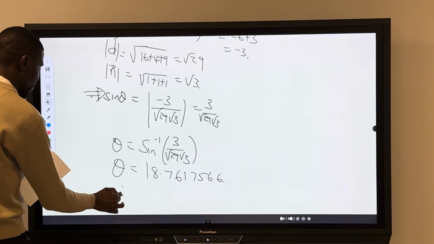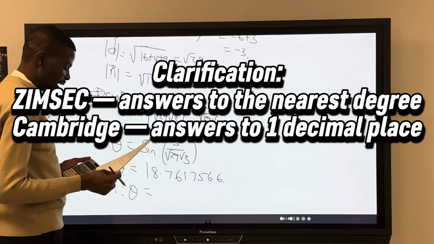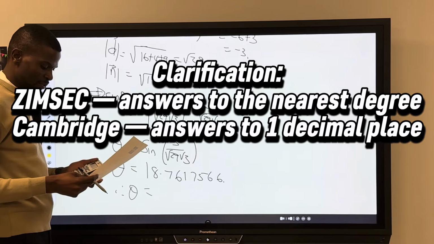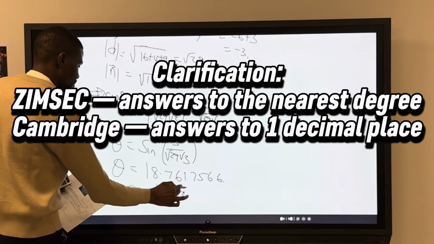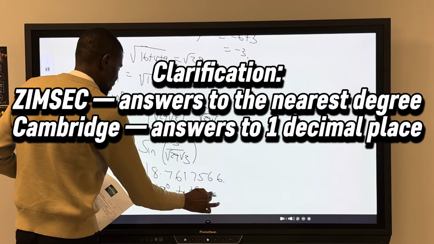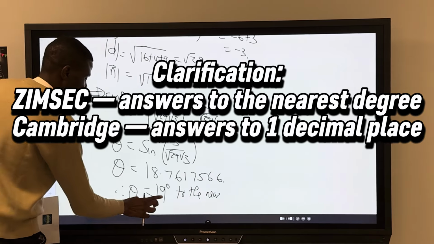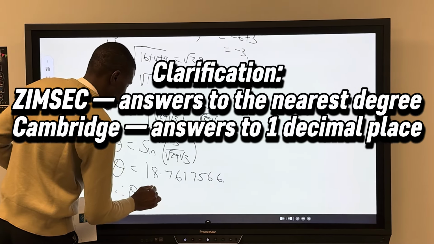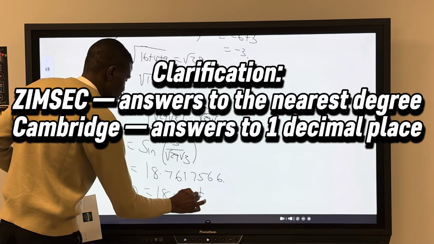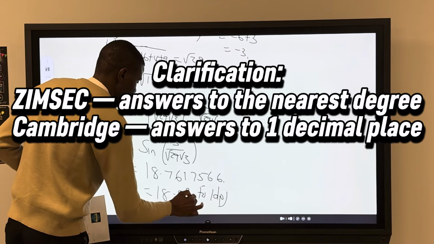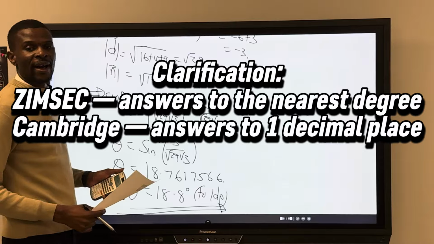So therefore theta equal to, since the degree of accuracy is not specified, and in terms of angles we are supposed to give it to 1 decimal place, not 2 significant figures. So it's 18.8 degrees to 1 dp, because for ZIMSEC, they require us to leave it to the nearest 0.1 degrees.